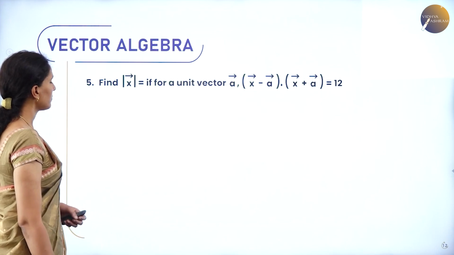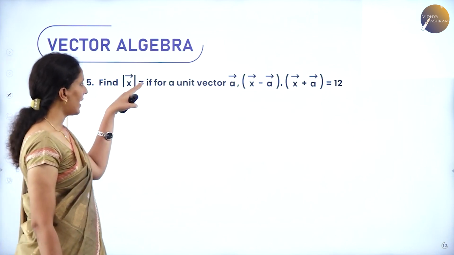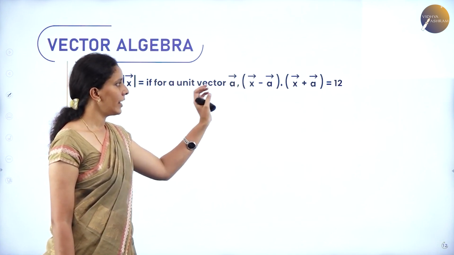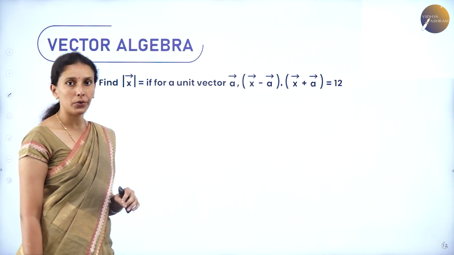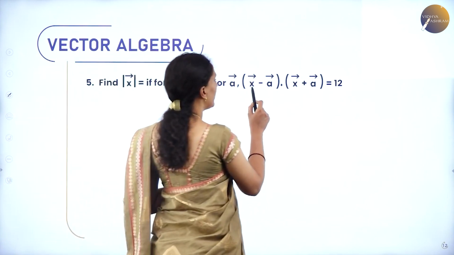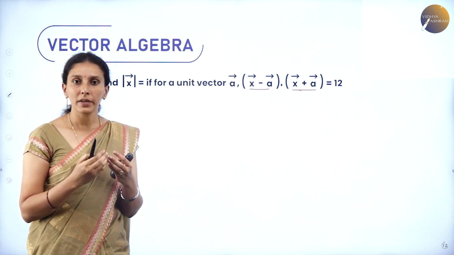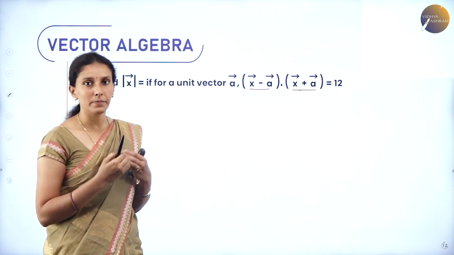Next, find modulus x if, for a unit vector A, x minus A dot x plus A is equal to 12. We know that A plus B times A minus B can be written as A square minus B square.